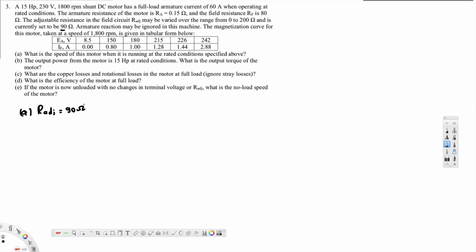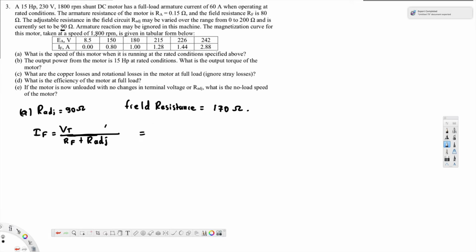And the field resistance, okay, we have 90 ohm right here and IF is equal to VT over RF plus Radj. VT is 230.